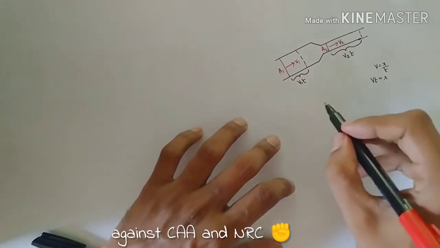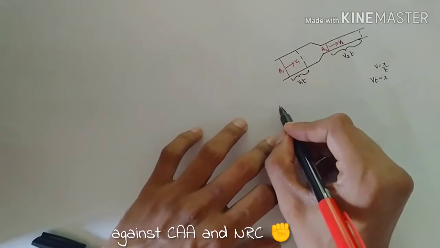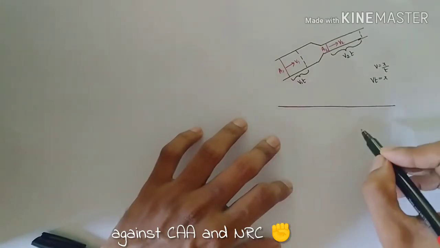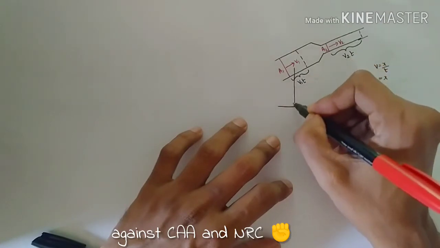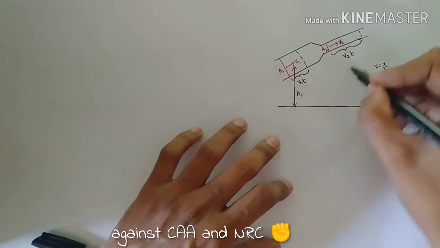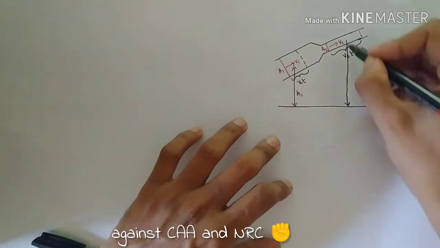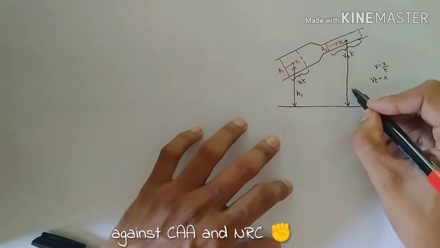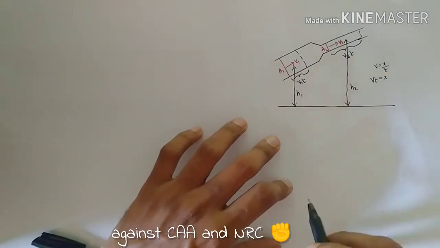Then the pipe is aligned in an inclined manner, so let this be our surface. The first portion of the liquid that we are considering is at a height h1, and the second portion of the liquid that we are considering over here is at a height h2. This is v2, h2.